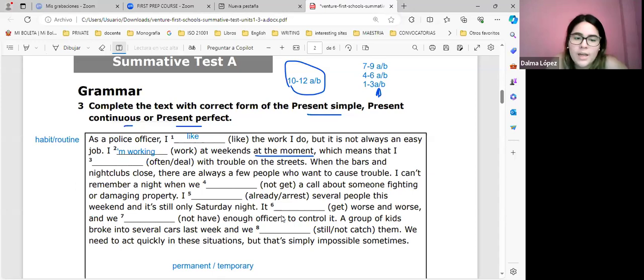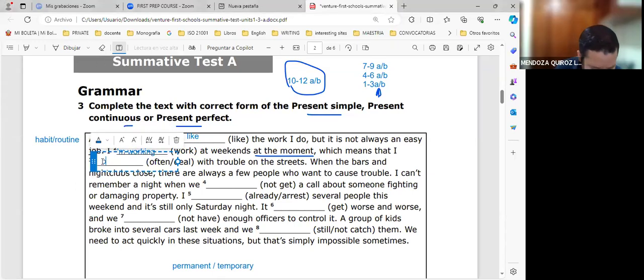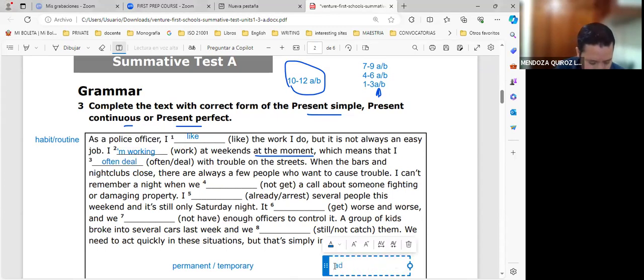Which means that I often deal with problems. Nice. How do you know that you need the present simple? Because of the adverb of frequency. Yeah, when you have adverbs of frequency, immediately you use present. In this case, present simple, no?